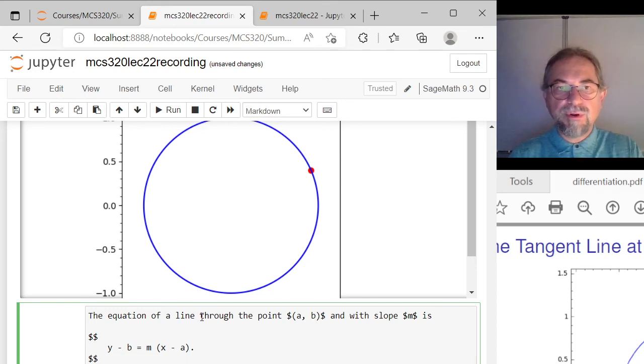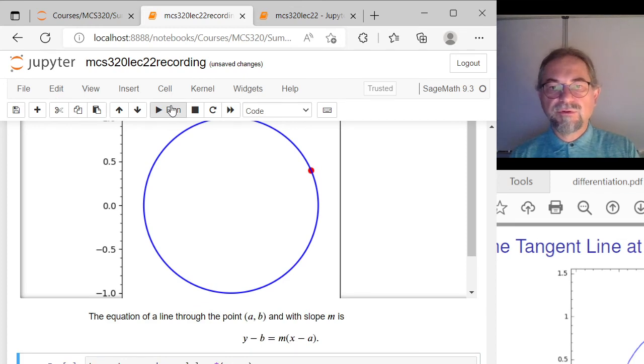So that is the property that I'm using, what you most likely still remember or should remember. You can verify when x equals a, the right hand side is 0, and then in order for the left hand side to be 0, y has to be equal to b.